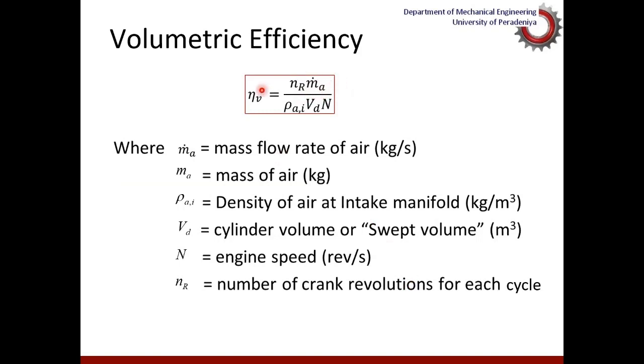Accordingly, the volumetric efficiency could be represented like this. N is the speed in revolutions per second. NR is 1 or 2 depending upon whether it is a 2-stroke or 4-stroke engine. And MA dot is something that we can measure from the intake air sensor.